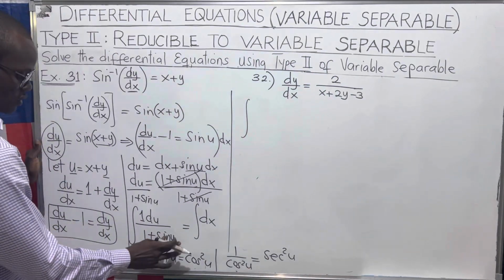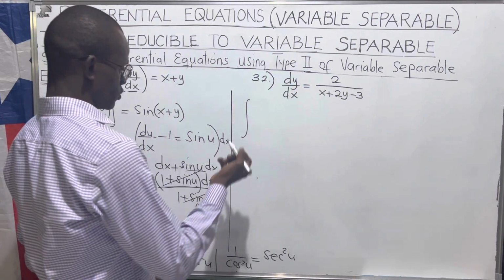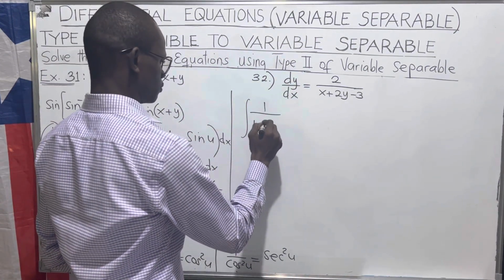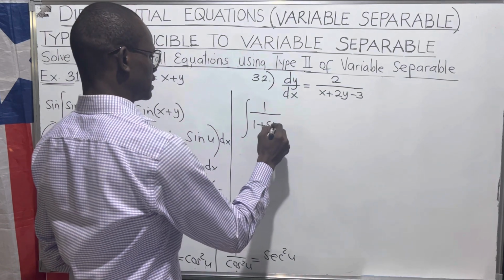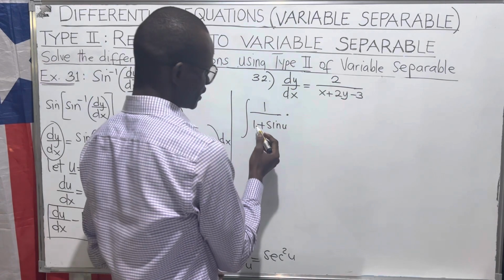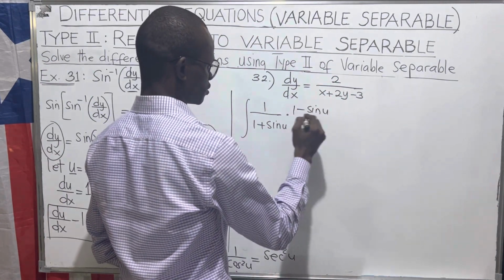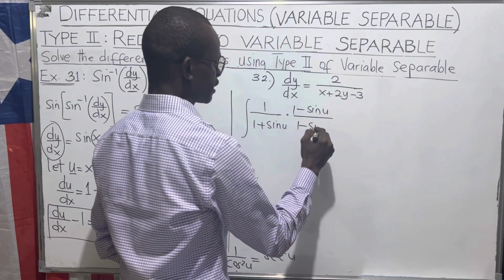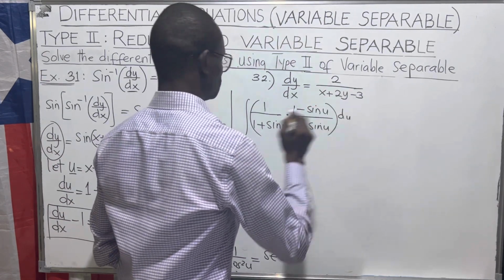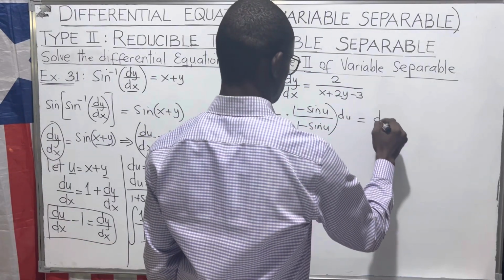So we can rationalize 1 all over 1 plus sine of u. To rationalize a two-term expression, you take the conjugate of it, that is 1 minus the opposite sign, 1 minus sine of u. So this is just du, and then equals dx.